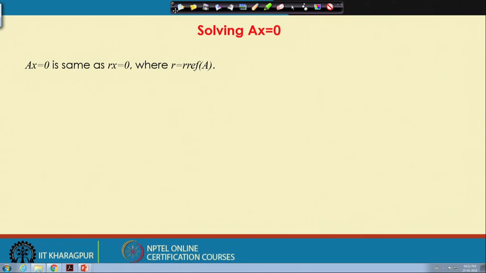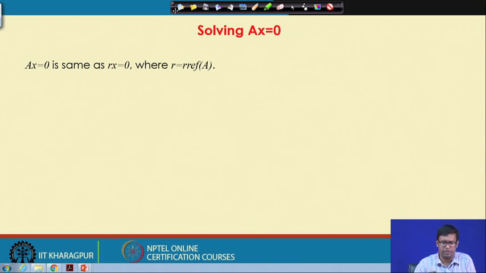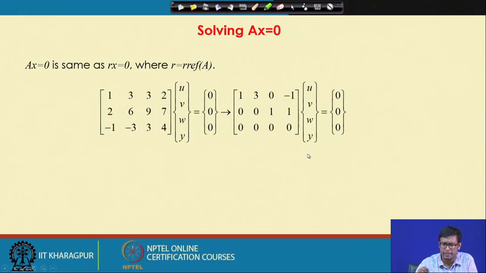So, Ax equal to 0 is the same as Rx equal to 0, where R is the reduced echelon form of A. This was the initial Ax equal to 0, and this is what we get in the new reduced echelon form matrix, Rx equal to 0.